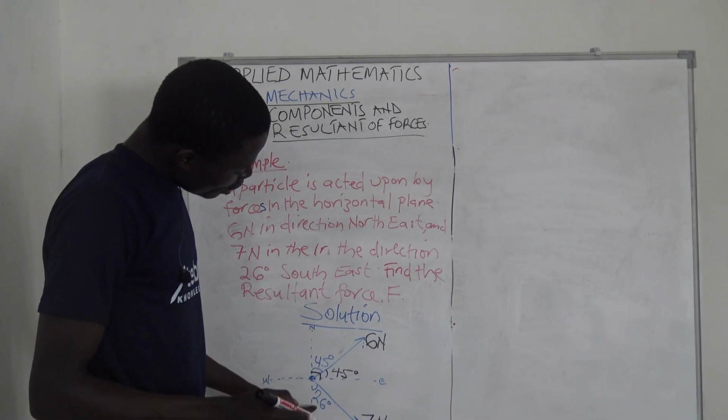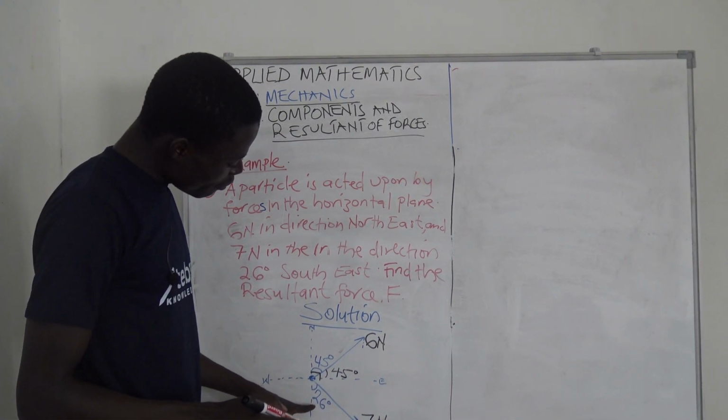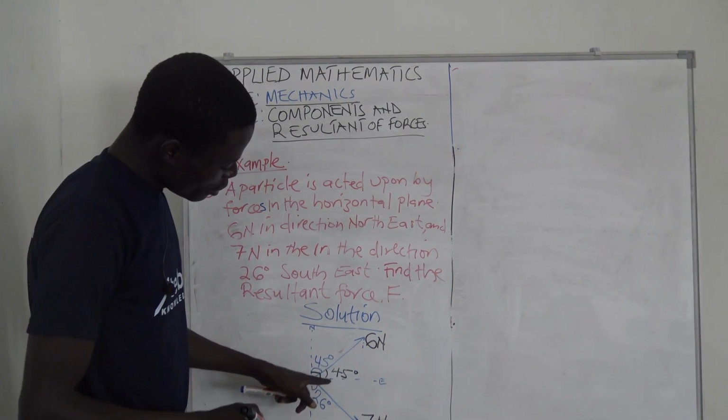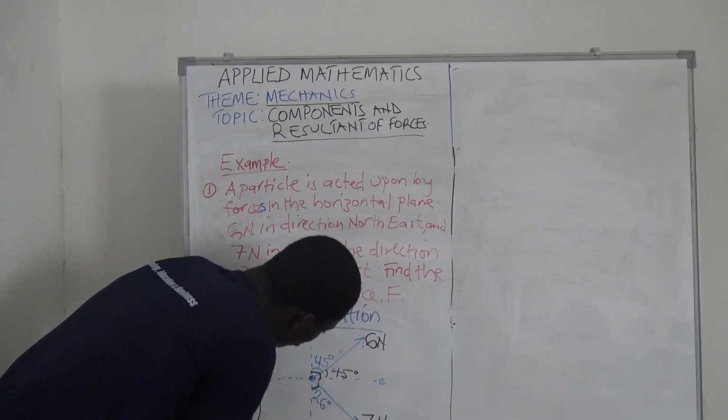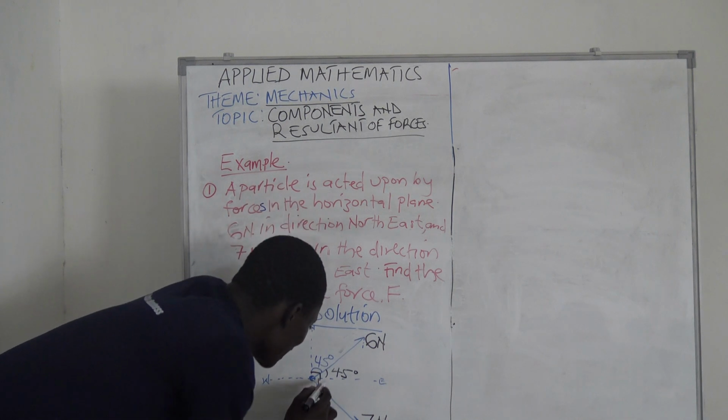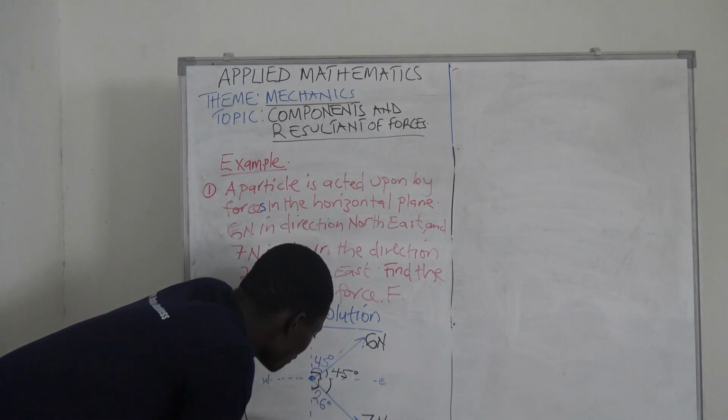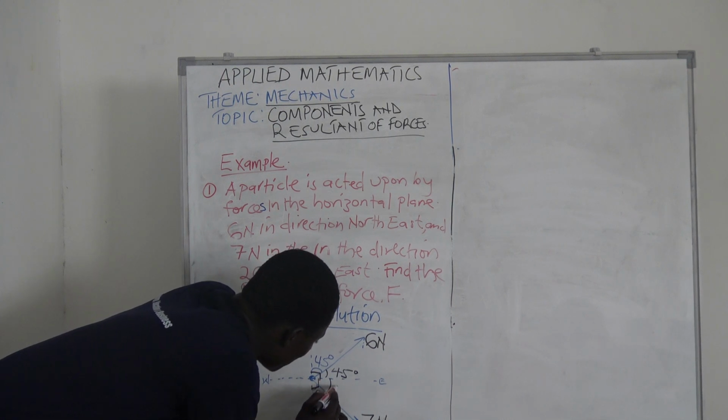Then this one also has an angle to the vertical, but we need to get this one, and we are also aware that this angle contributes to 90. So this angle here will be 90 minus 26.